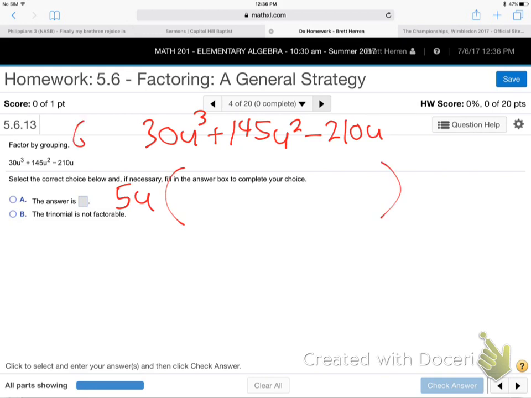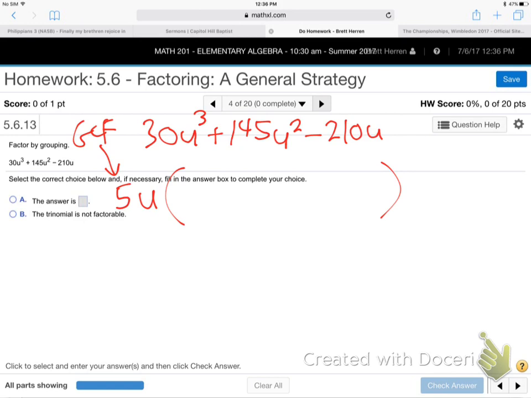So that's the GCF. Which means one big parenthesis, right? Y'all with me? When you do GCF, you got to do the one big parenthesis first before you go on to the two parentheses. So put the 5u in the front. Go on from there. What goes on the inside is whatever works, right?